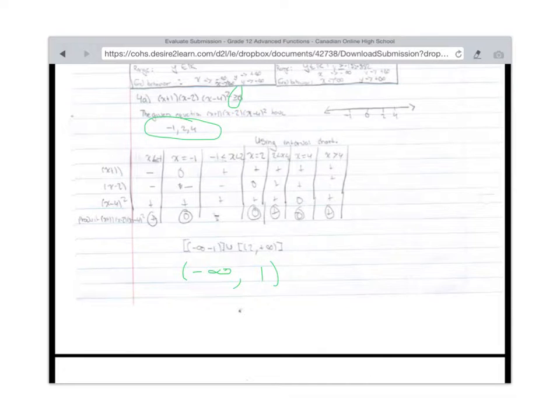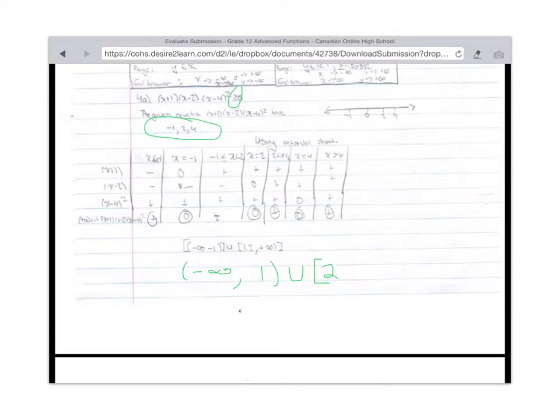And then you're testing at x equals 4, and you also got a positive result at x greater than 4 also. So it's positive really from 2 on, and that's what you're trying to show here. So if you do a union, 2 gives you a value of 0, and so we're going to use a square bracket. And sorry, my apologies, my mistake.